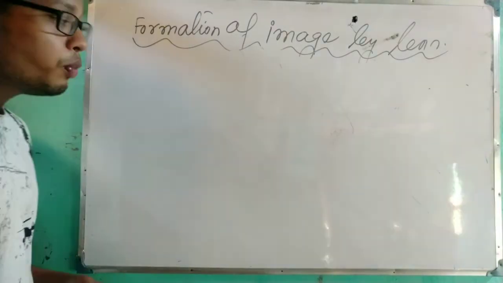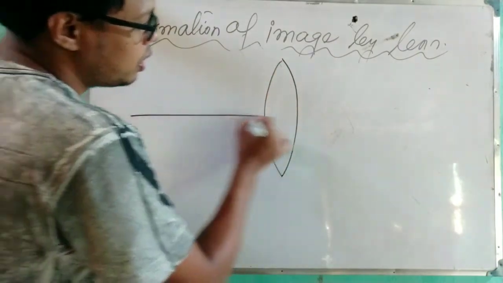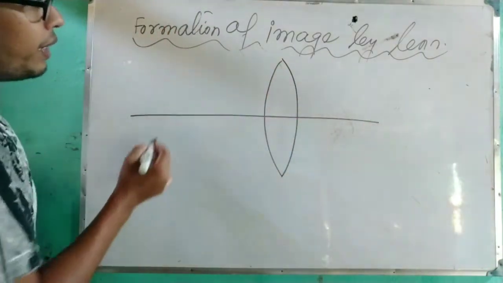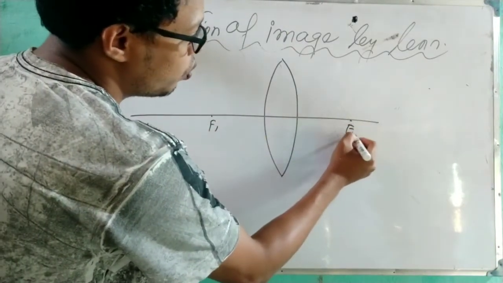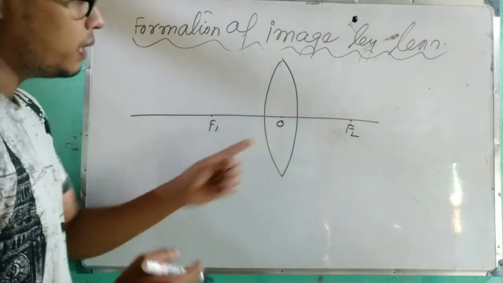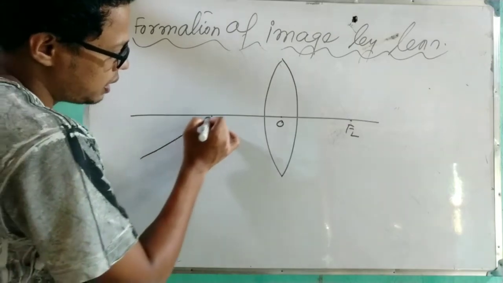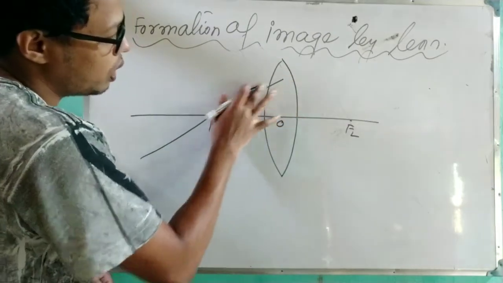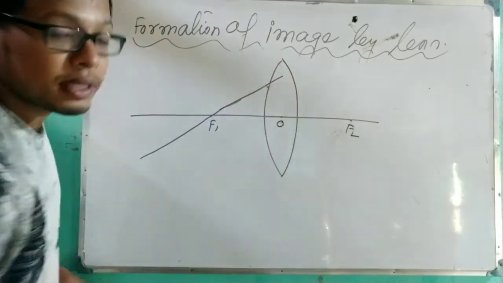Now in the third case, for convex lens, this is the principal axis, this is f1, this is f2, and this middle point is the O or optical center. The third case is when the rays pass through the focus. When the rays pass through the focus, then after refraction what will happen?